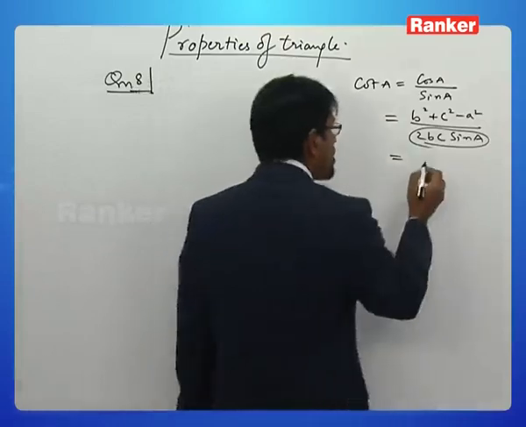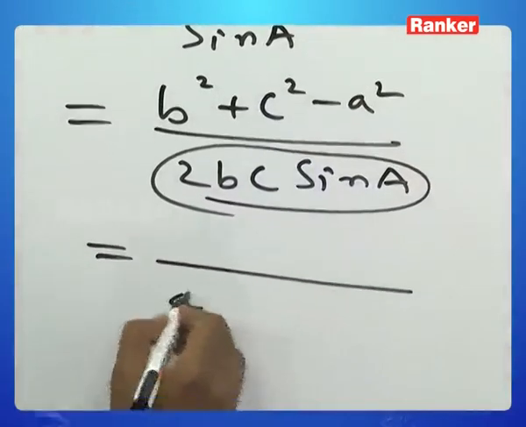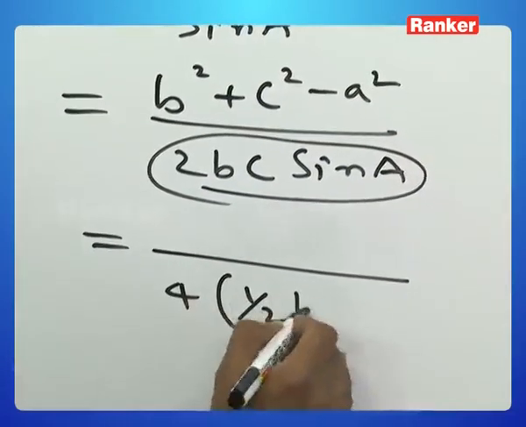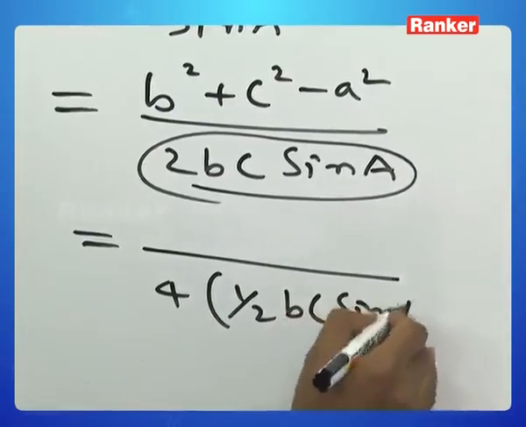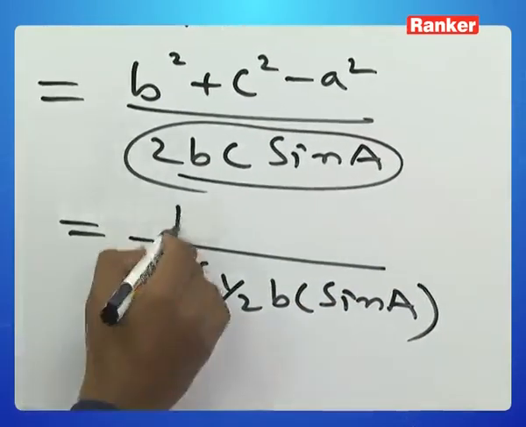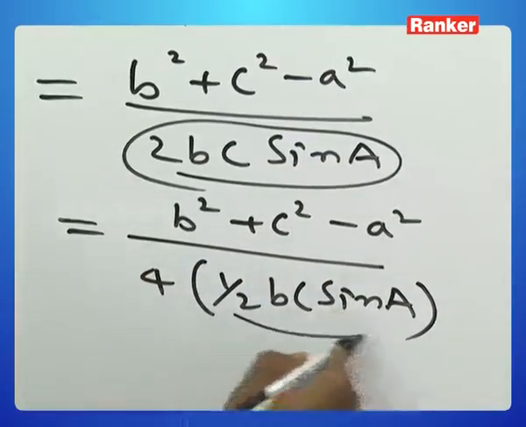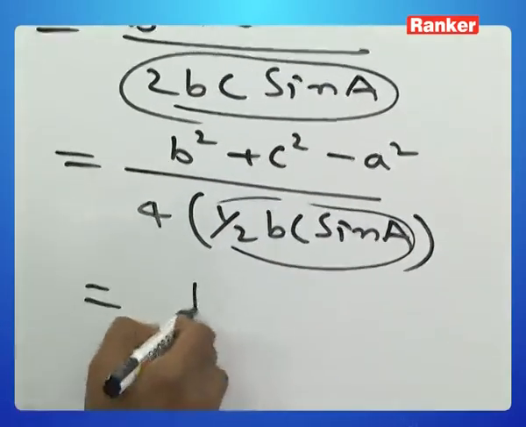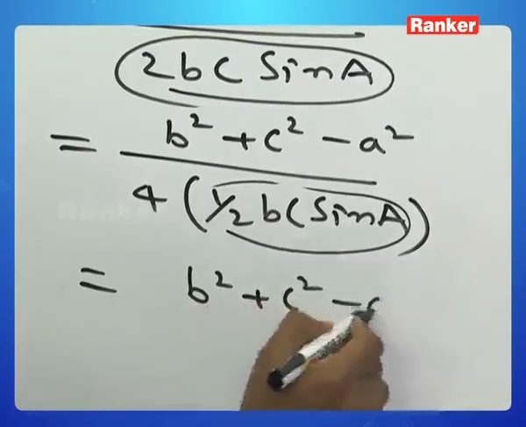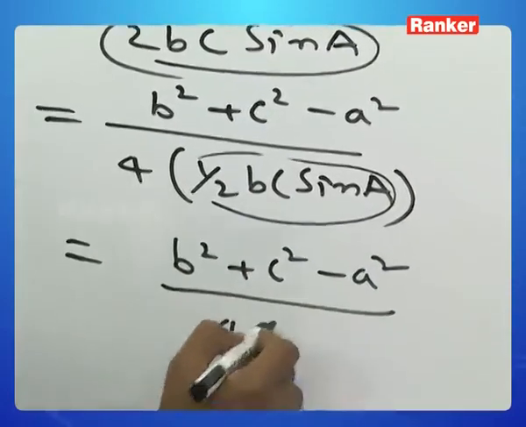So, 2 into BC sin A, we can write this as 4 into half BC sin A, and this is B square plus C square minus A square here. This half BC sin A is delta, so what do we have? B square plus C square minus A square by 4 delta.